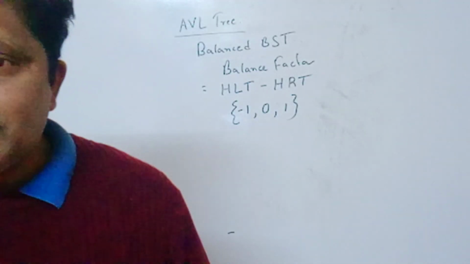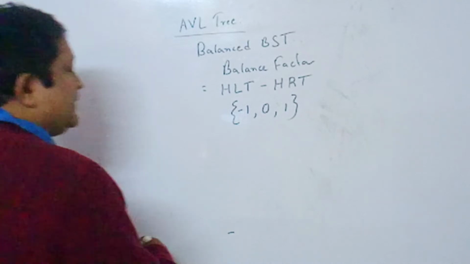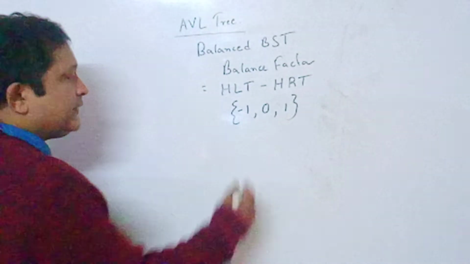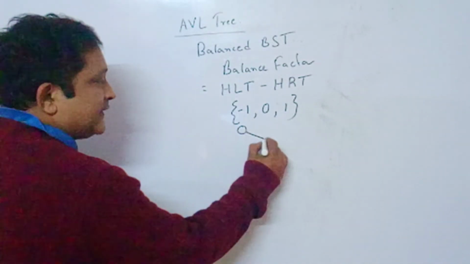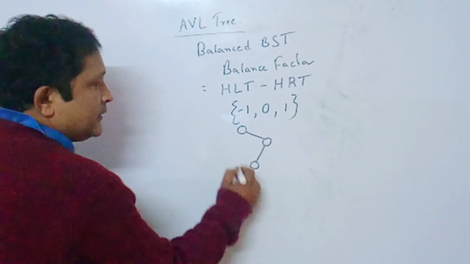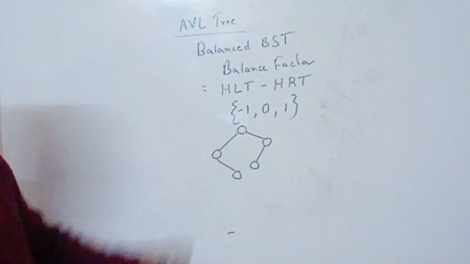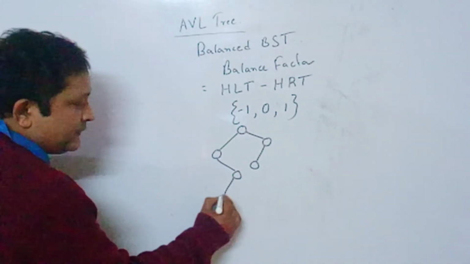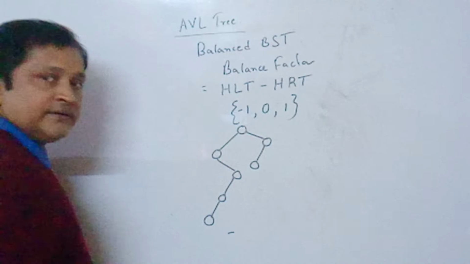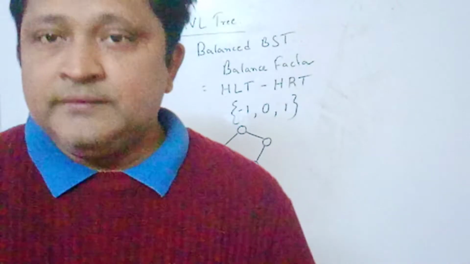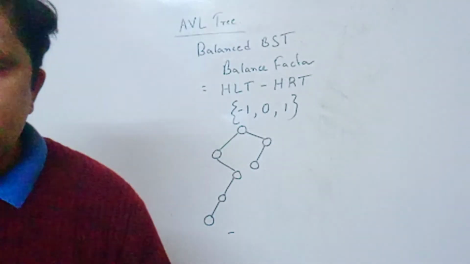Otherwise not. For example, in a binary search tree, if we insert the elements haphazardly without an order, we can insert in this way, or in this way, in any pattern, without any order.